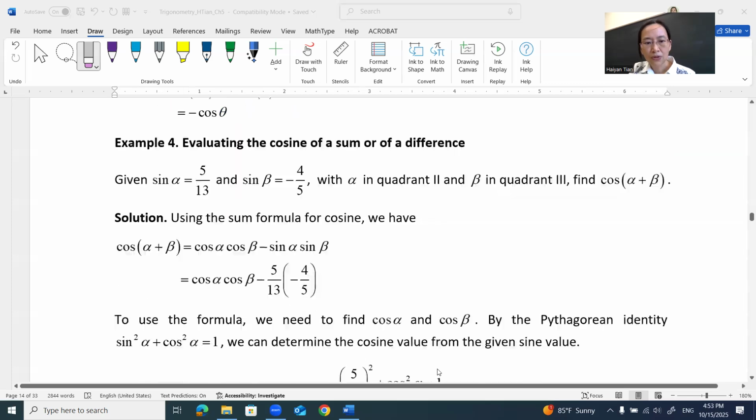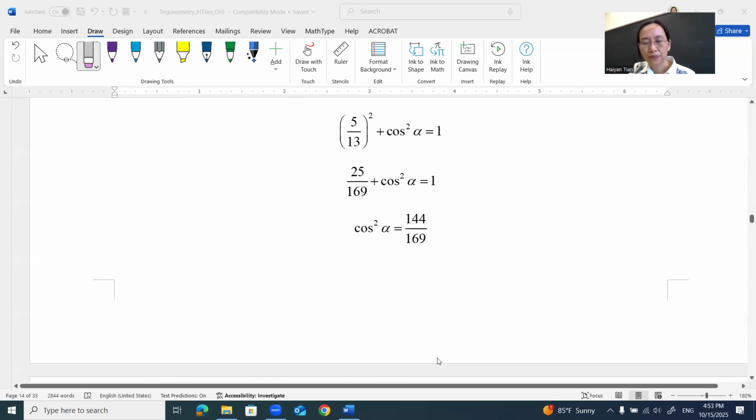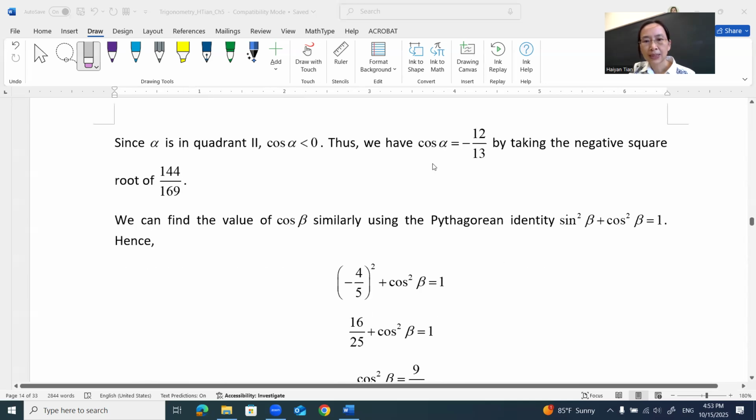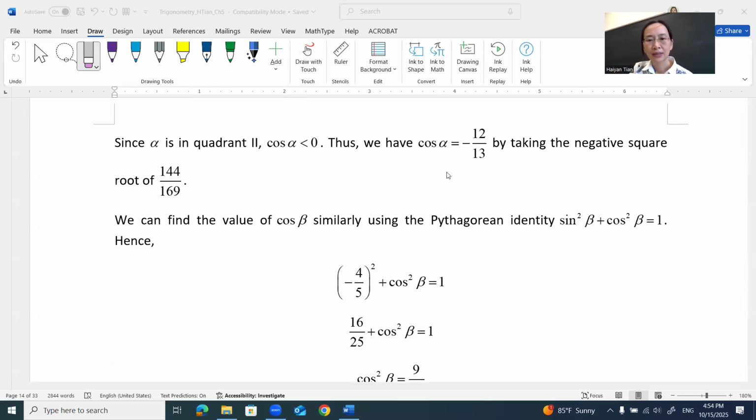This is the cosine alpha. Similarly, for beta, we do the same.